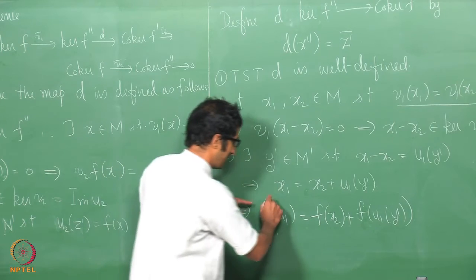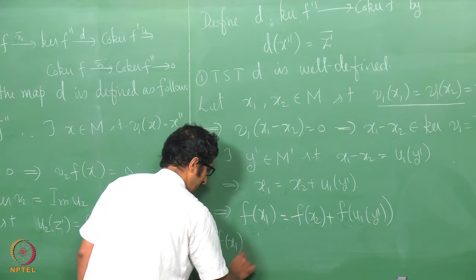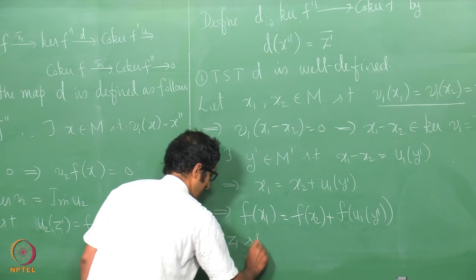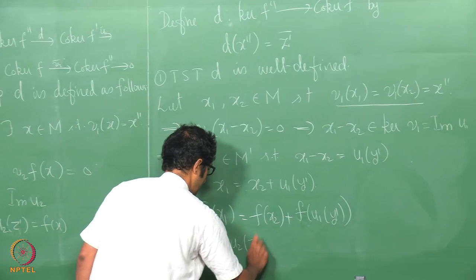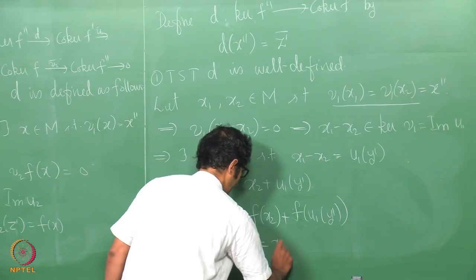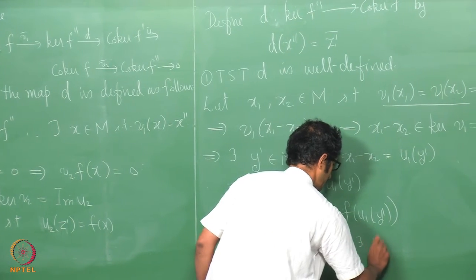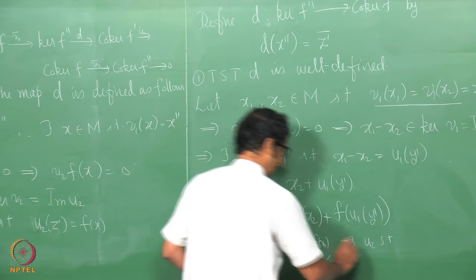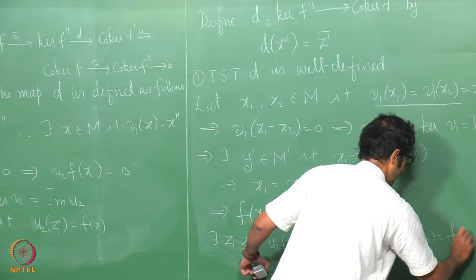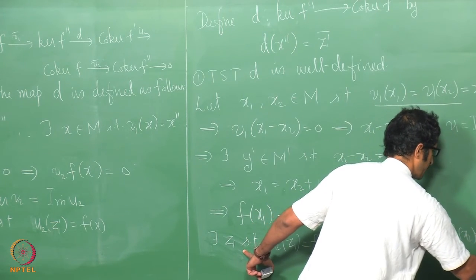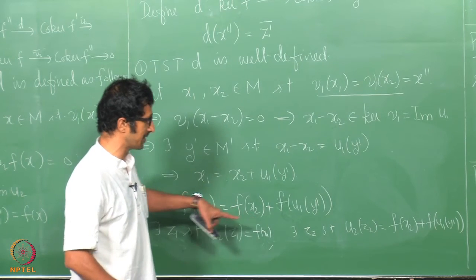Now for f x1 there exists z1 such that u2 of z1 is equal to f of x1, and there exists z2 such that u2 of z2 is f of x2 plus f of u1 of y prime, because this is also in the kernel of v2, which is in the image of u2.